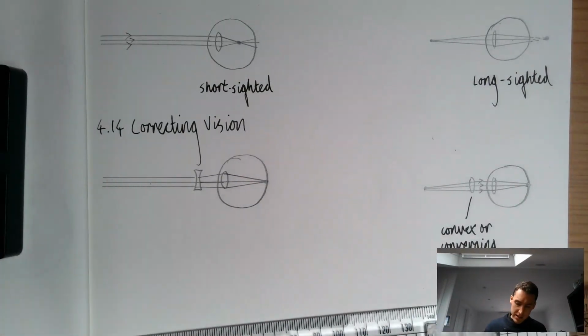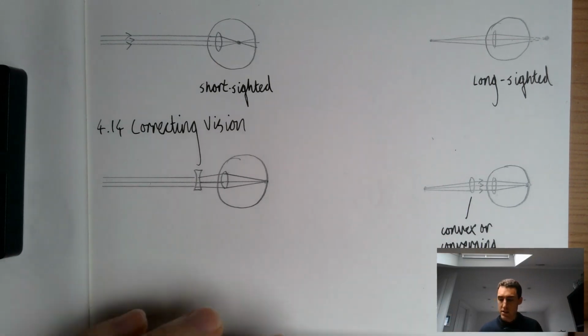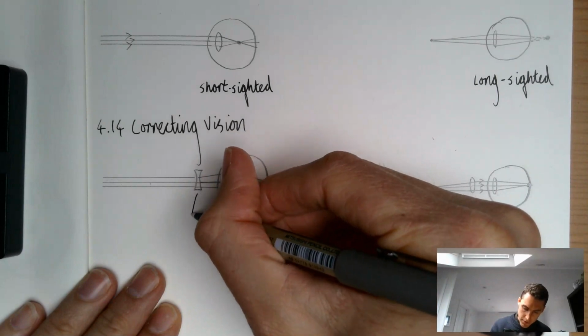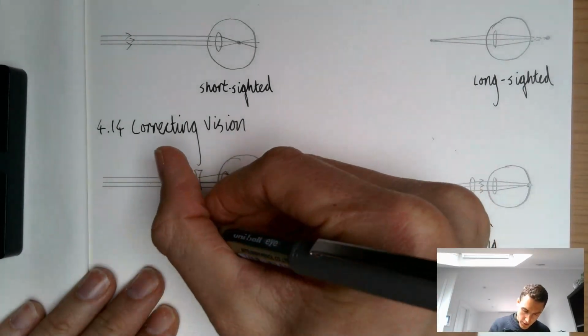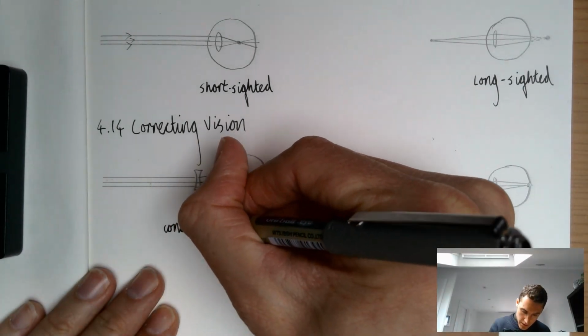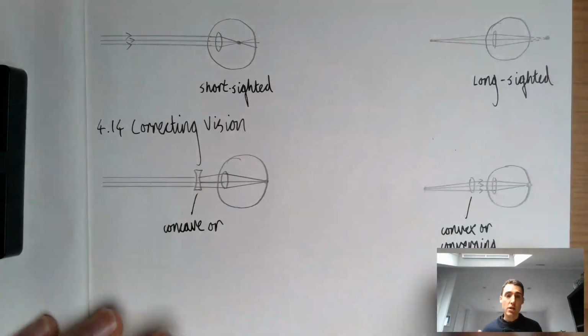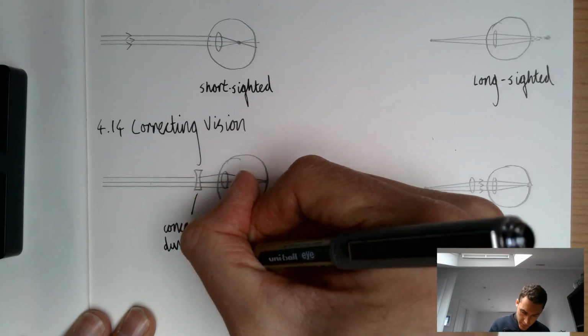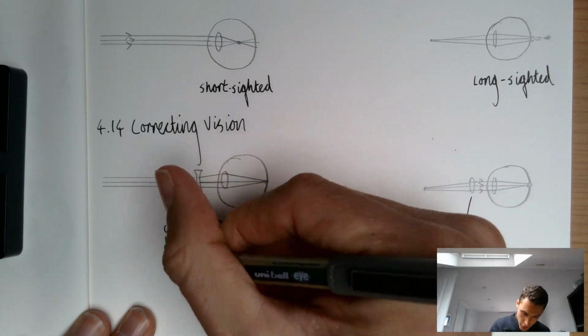So the main thing to emphasize here, and this is just building on all the knowledge that they've been developing in the previous couple of lessons, is that if you've got a short-sighted person, what you're going to need to correct their vision is a concave or a diverging lens. And when they get to GCSE, they'll learn more about diverging lenses.